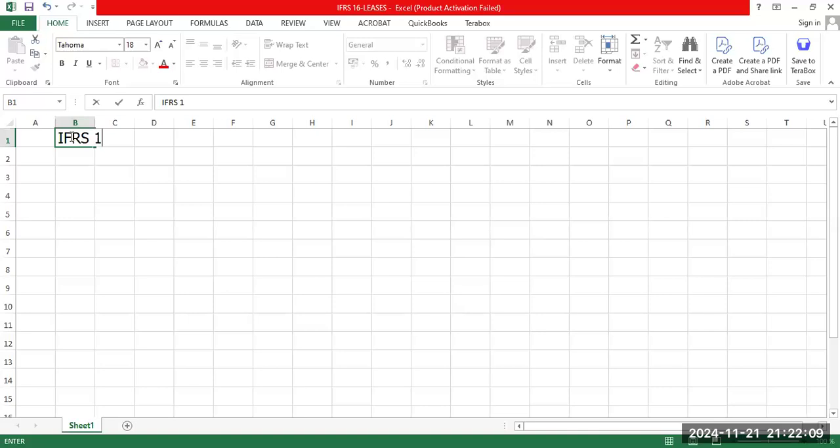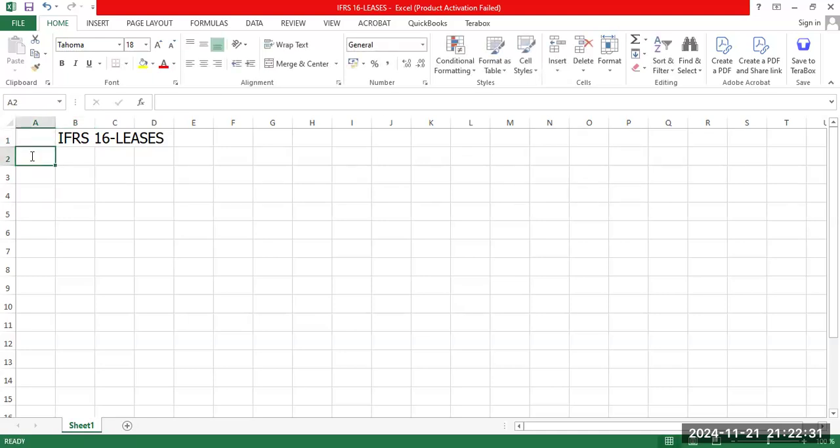So we are going to handle IFRS 16. That is about leases. It's an interesting standard. You just need to understand its dynamics. It is a bit common in exams, so it is good for us to really know this standard.